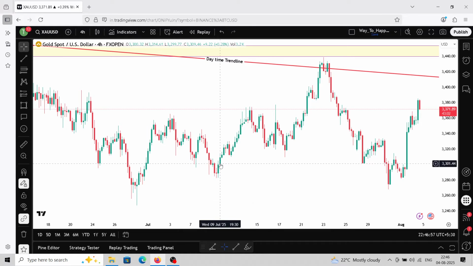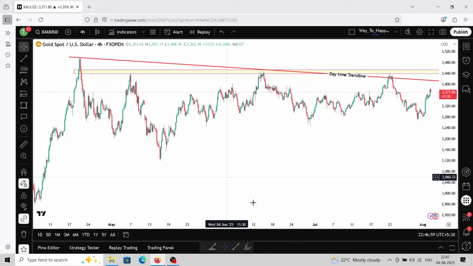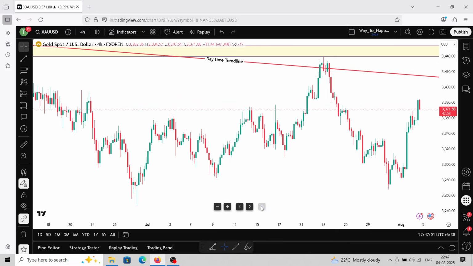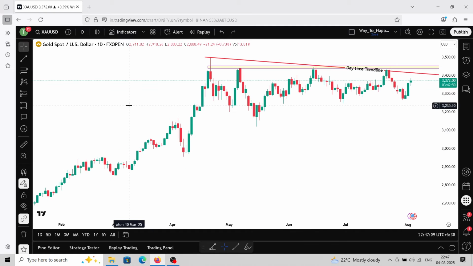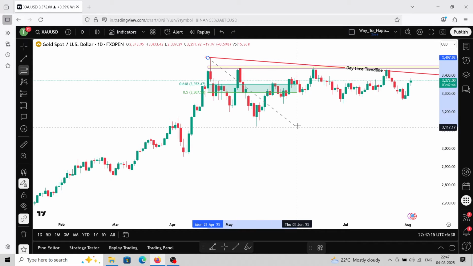What else is gold trying to say here? Gold is trying to say why don't I put a fib here on the daily time frame itself? Let me put a fib here like this, from here to here.